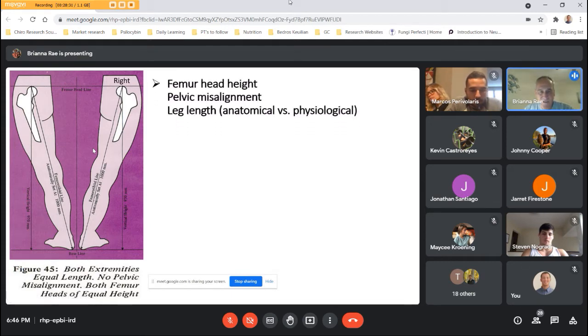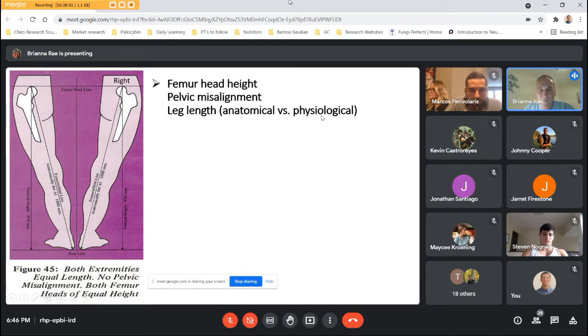So we have to consider these 3 things: the femur head height, the pelvic misalignment, and then are we dealing with an anatomical short leg or a physiological short leg? Physical therapists only consider a leg to be anatomically short if they see a short leg.